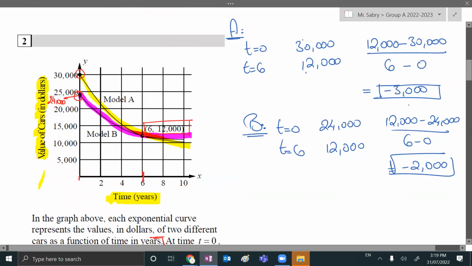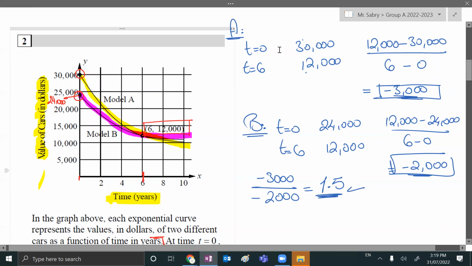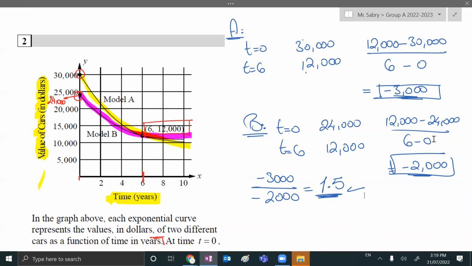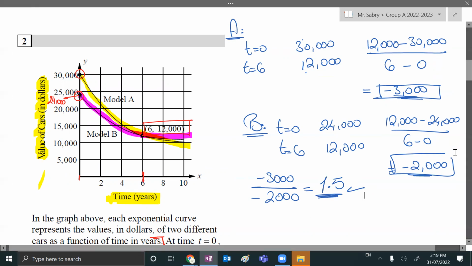I'll divide the average rate of A, which is -3000, by the average rate of B, which is -2000. The answer that comes out, if it is 1.5, then it's true. And indeed it comes out 1.5, so it is true. This means the rate of A is 1.5 times the rate of B, the rate at which B decreases. Does that make sense? Not only Mohamed, of course, this is everyone.